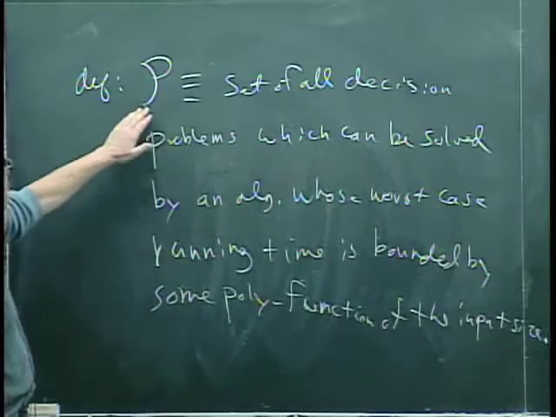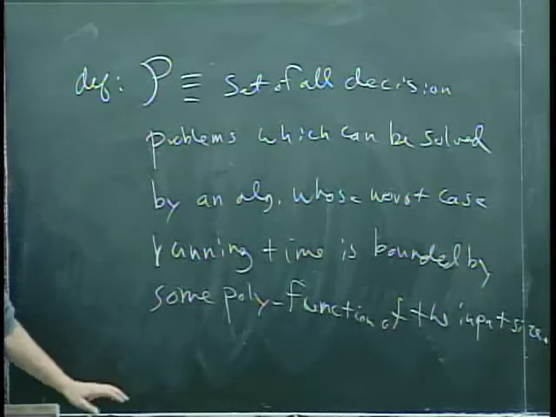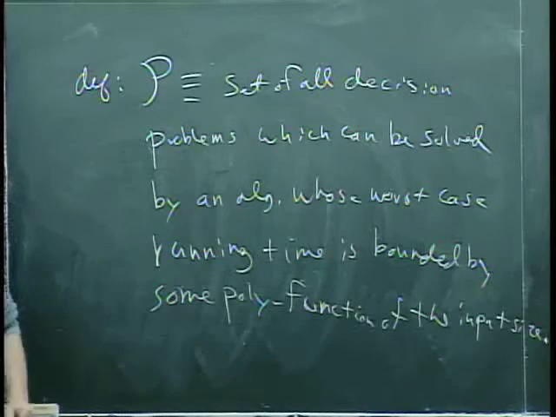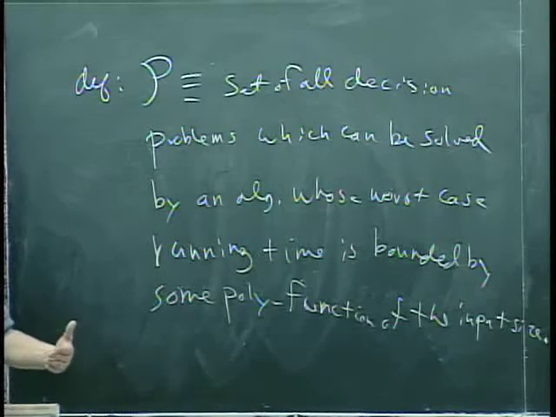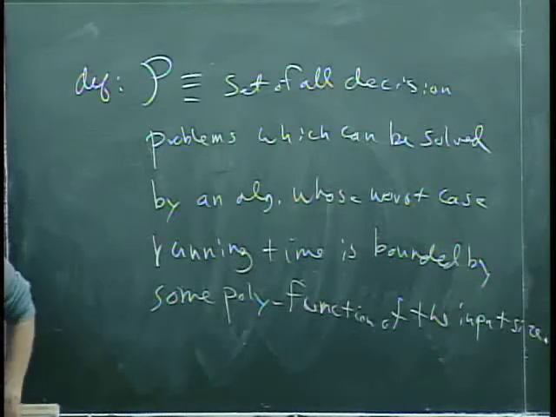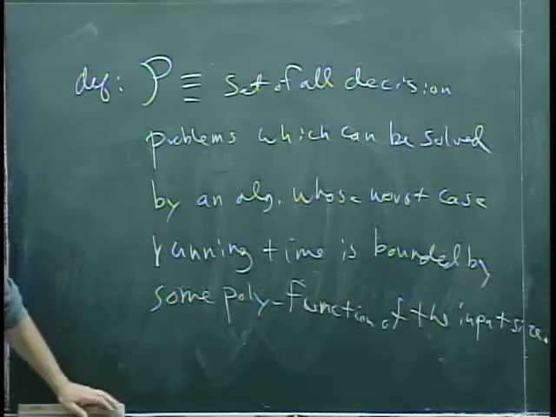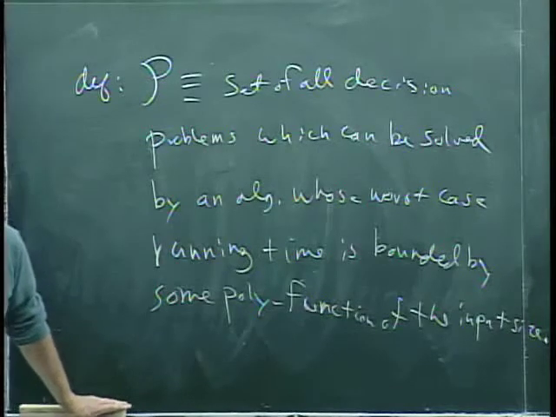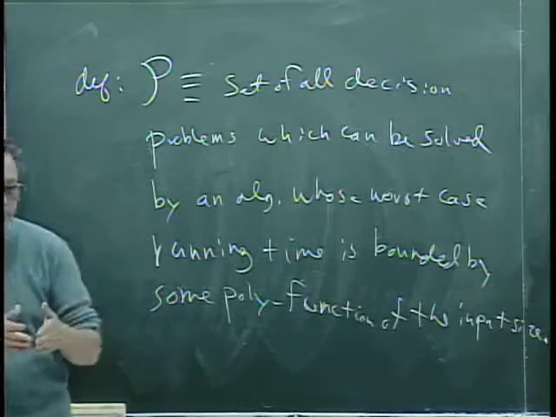Okay, so we've seen problems in P. Although a lot of problems that we looked at were not cast as decision questions, we can typically convert them to become decision-type problems. For example, we looked at the problem of scheduling intervals.